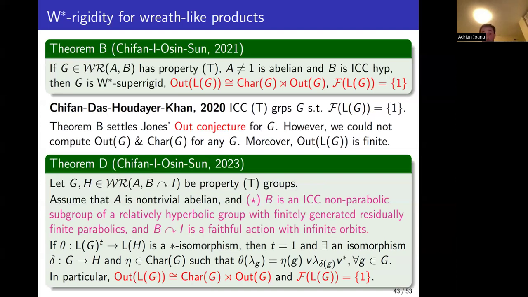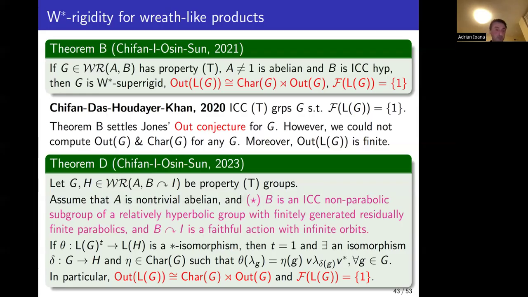So in particular, if I only look at G equals H, I get that the group G satisfies Jones's conjecture. So the outer automorphism group of L(G) is isomorphic to the character group of G semi-direct product with the outer automorphism group of G. And moreover, the fundamental group of L(G) is trivial.